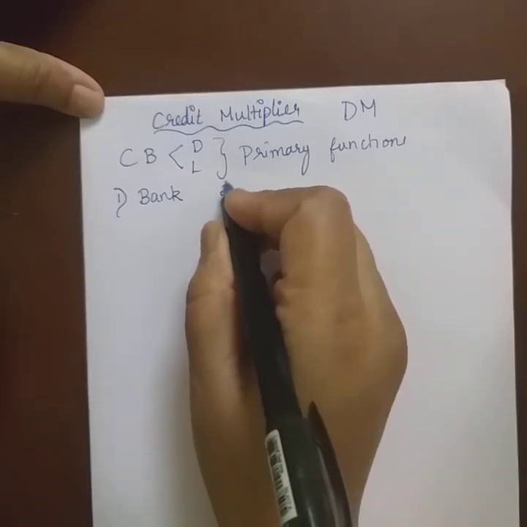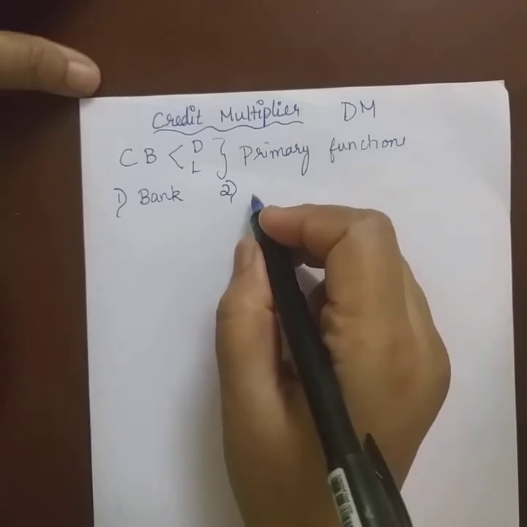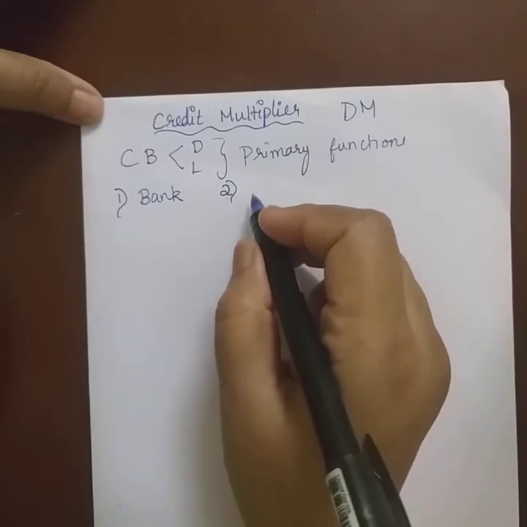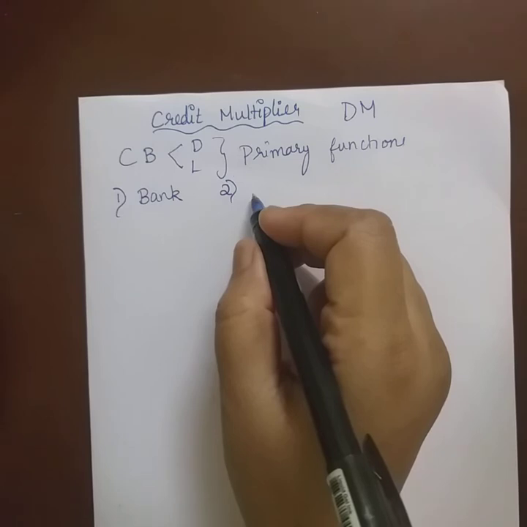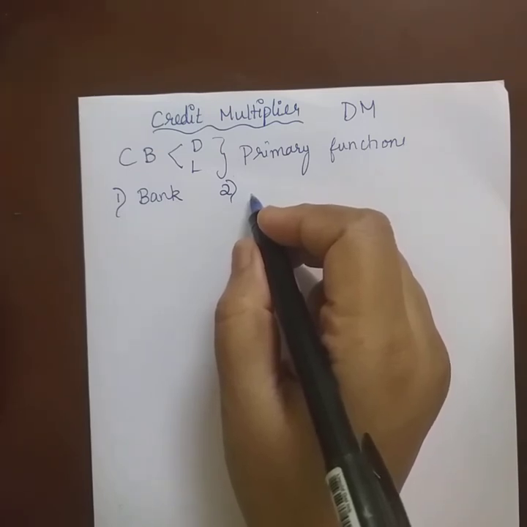And number two, the commercial banks will be able to lend because they know that not all the depositors are going to withdraw their money on the same day. Out of past history, they will know on an average how many deposit and how many withdraw and so on. So, it would be possible for them to lend.